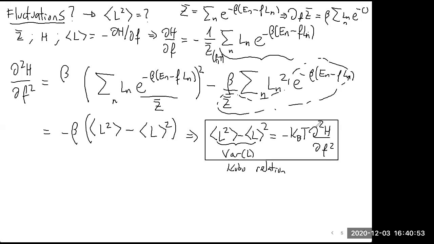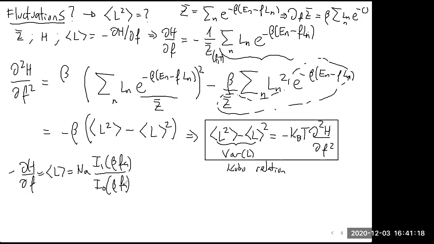So now we know the derivative of H with respect to F because we calculated it before. Minus the derivative of H with respect to F, which is the average L, we calculated in the previous part, and it was N a I1(beta F a) divided by I0(beta F a). Okay. So now I would like to know the second derivative.